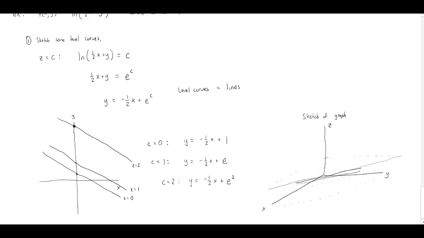So here's the first level curve that I have in the xy plane where z is 0. Okay. So the next line that I draw should be at the height of z equals 1. So I'm going to have to exaggerate a little bit.